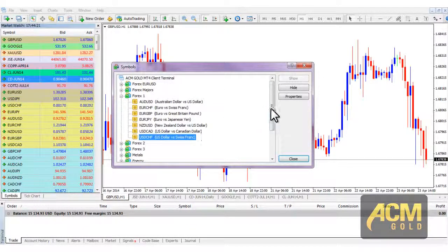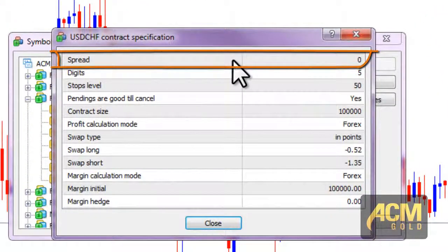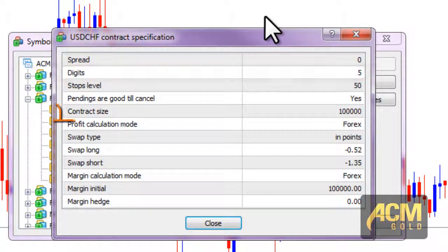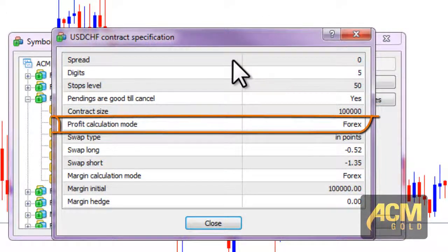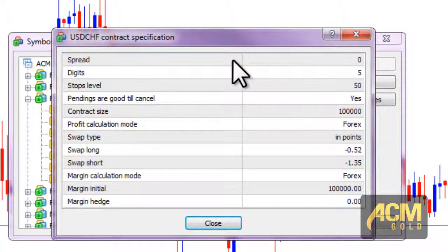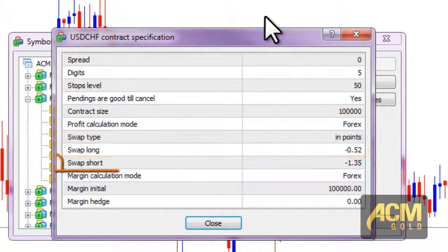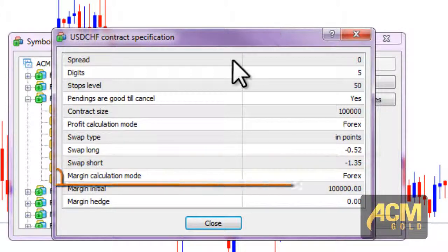Here you will see the following: the spread, which is 0 because it is variable, the number of digits after the decimal comma being 5, with the exception of course of yen pairs, which has 3 decimal places, the contract size, the profit calculation mode, forex for forex and CFD for everything else, the swap on buy trades left overnight, the swap on sell trades left overnight, as well as the margin calculation mode, forex for forex and CFD for everything else.